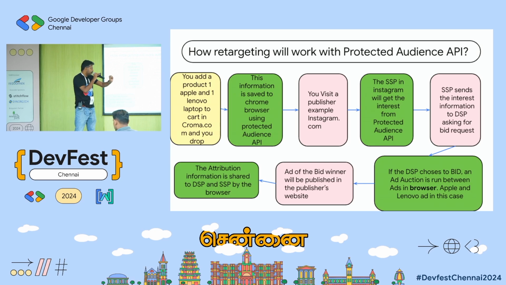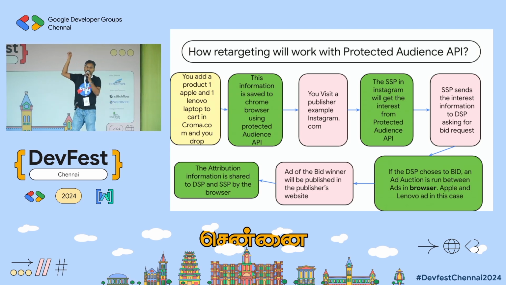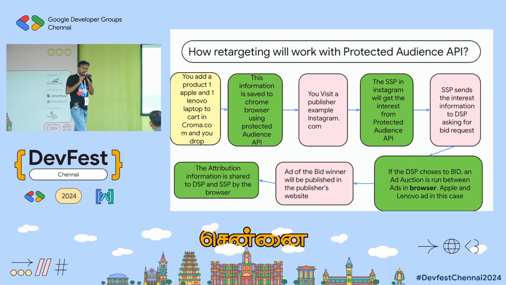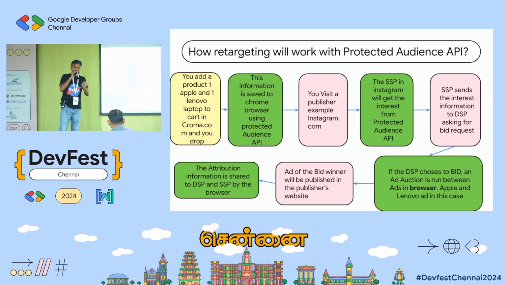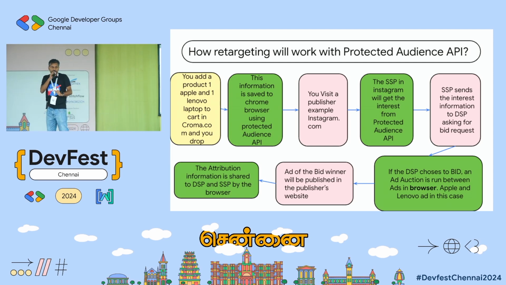Now the difference is that earlier, this ad auction used to happen where all of the information was sent to the SSP and it happened in the ad server. But now all of that DSP and SSP advertisement logic is executed in your browser, and the whole ad acquisition happens in your browser without your data leaving the browser.